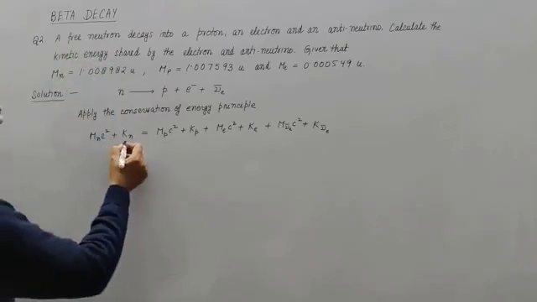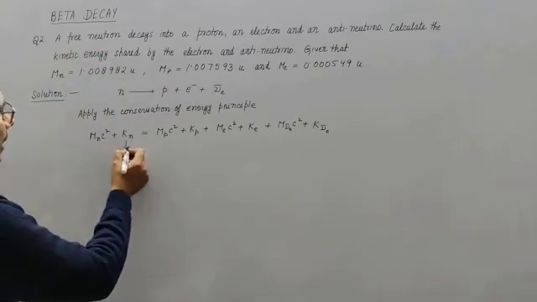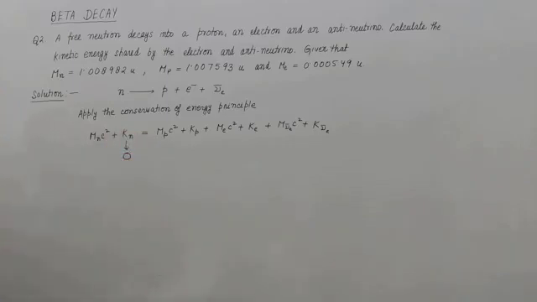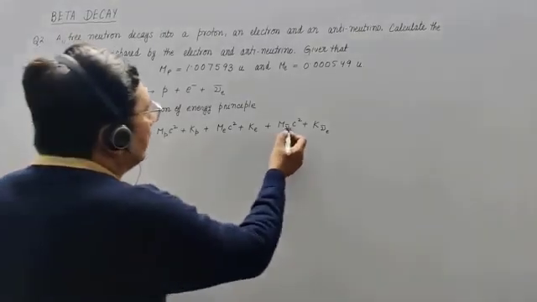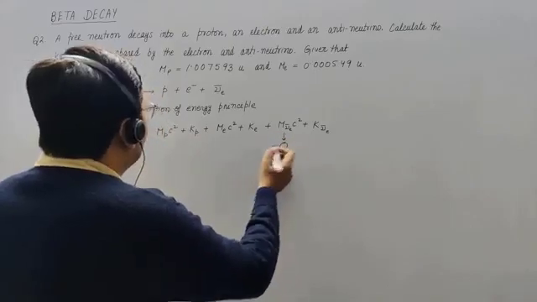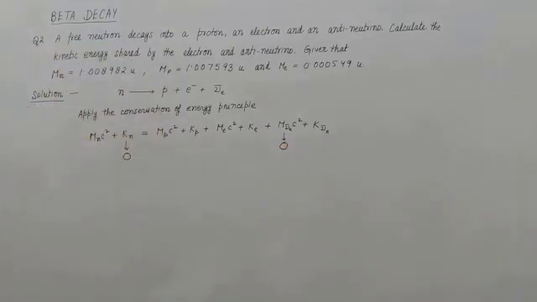So here we can easily assume that the kinetic energy of this neutron is 0, because this is a free neutron. Second, the mass of this antineutrino is 0, so this term will also be 0.